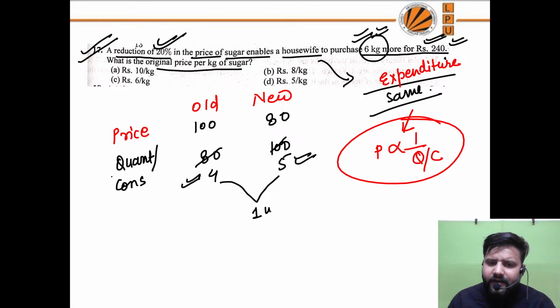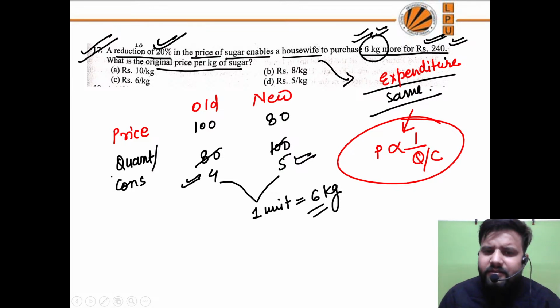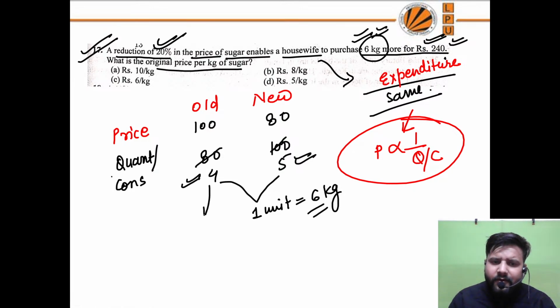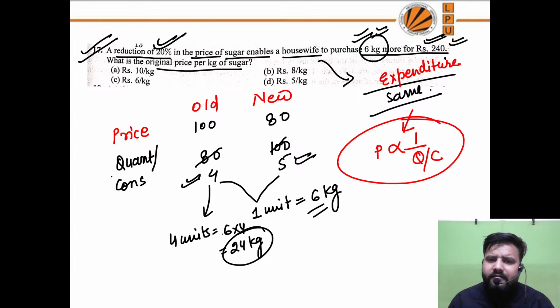So 1 unit belongs to 6 kg. Now these 4 units belong to how many kgs? 6 into 4, which means 24 kg were purchased earlier.